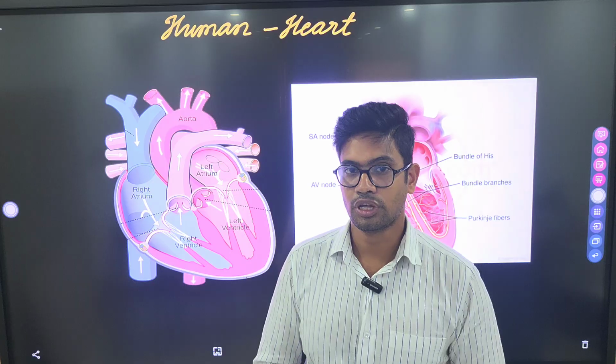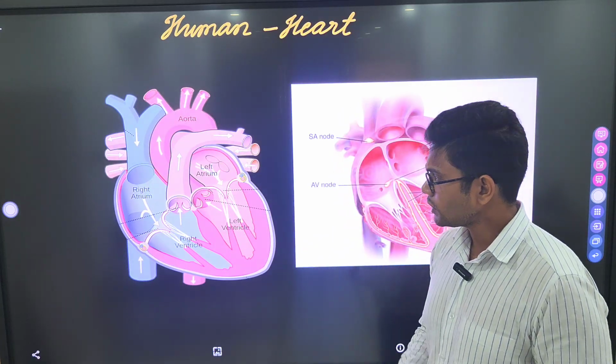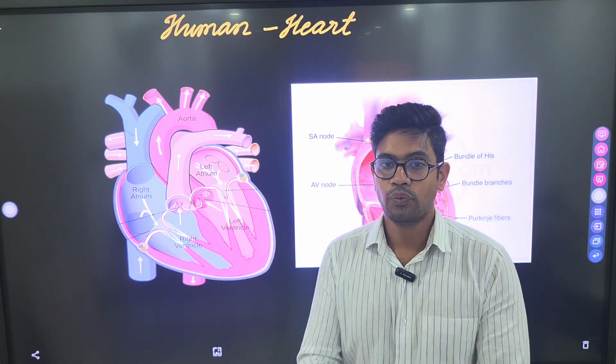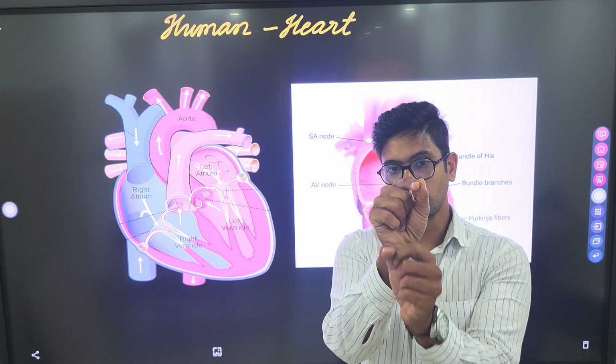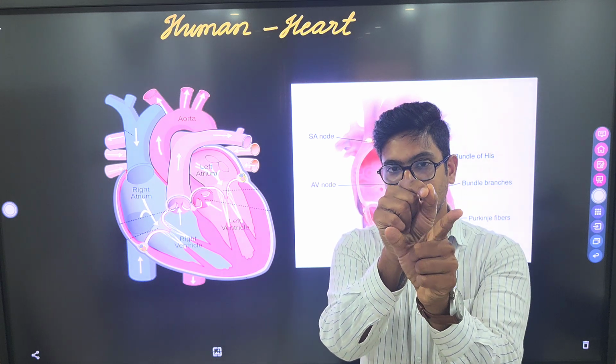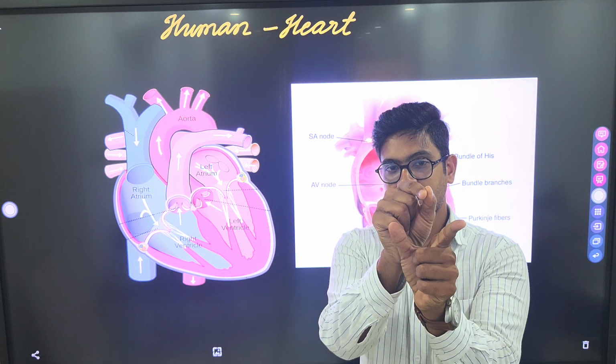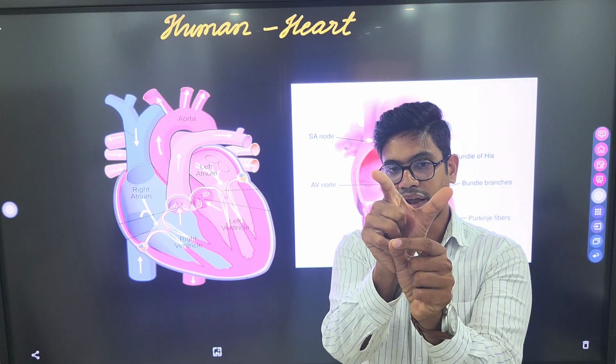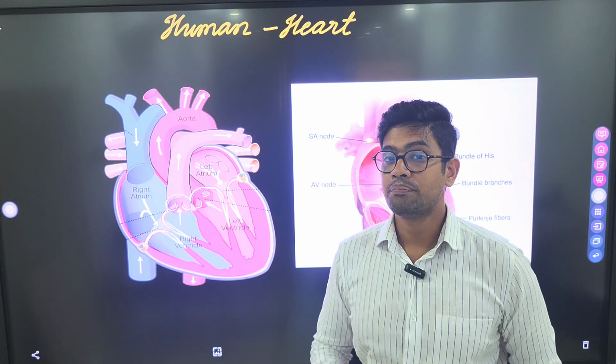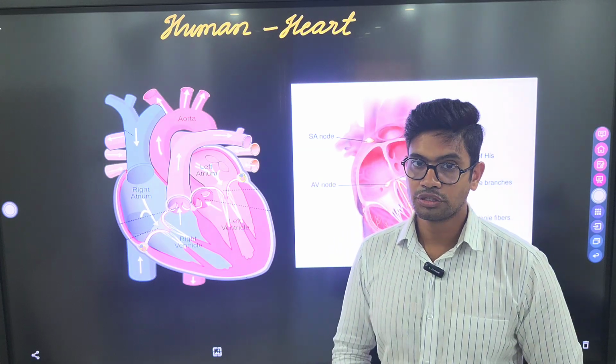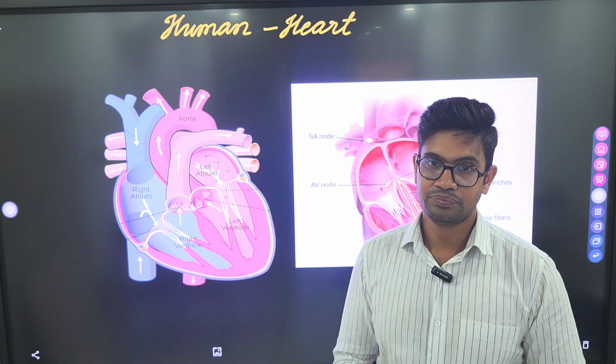This cycle of one complete atrial systole and ventricular diastole and one complete ventricular systole and atrial diastole is collectively called a cardiac cycle.